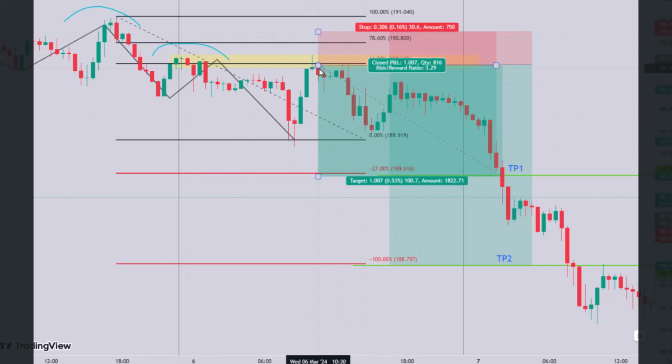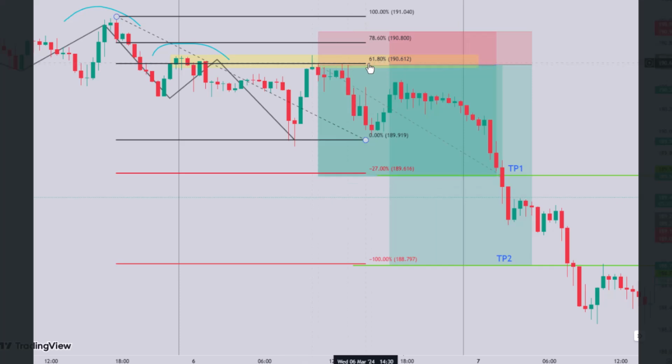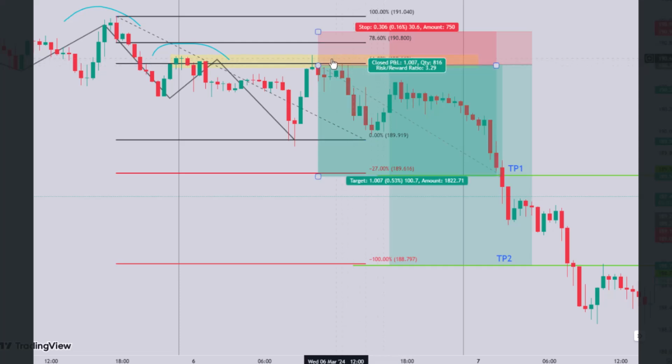Inside that zone, corresponding with the 61.8% retracement level. Remember, these levels are reversal levels on the Fibonacci tool. And right within my supply zone, I have got the 61.8% retracement level as well. So it's like a double confluence, double confirmation.